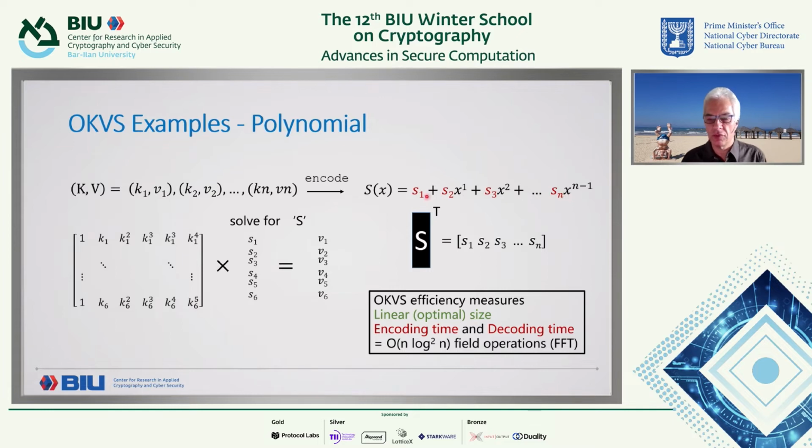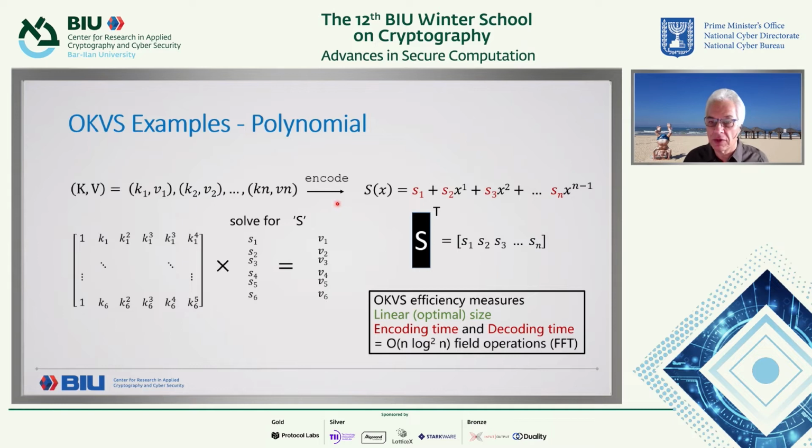When you want to read a value associated with a key, you evaluate this polynomial on that key. If it's one of the keys I put, you get the value that I put in this data structure. If you query another key, you get whatever the polynomial gives for that key. If the values I encoded are random, then everything you get from the polynomial is going to be random.